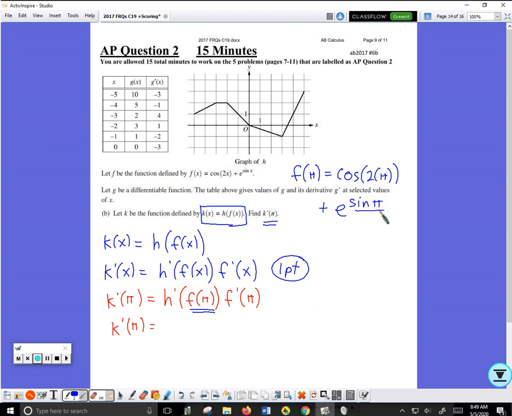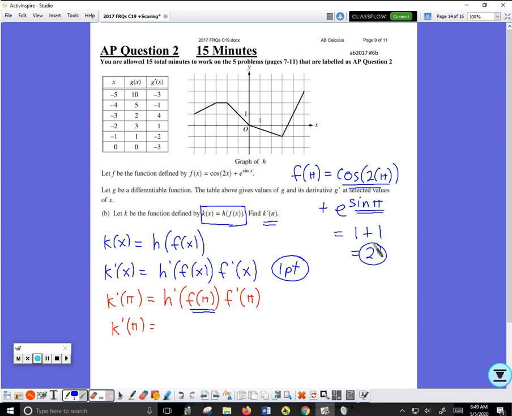Again, the sine of pi is 0, e to the 0 is 1, cosine of 2 pi is 1, so that's going to equal 2, 1 plus 1. Again, you could just type that in your calculator. So that comes out to be f of pi is equal to 2.